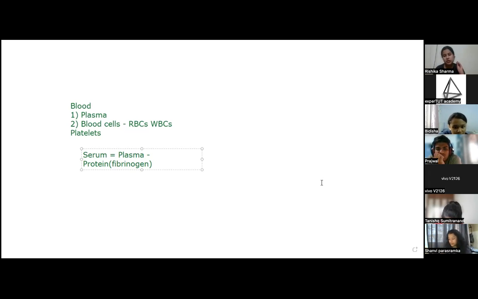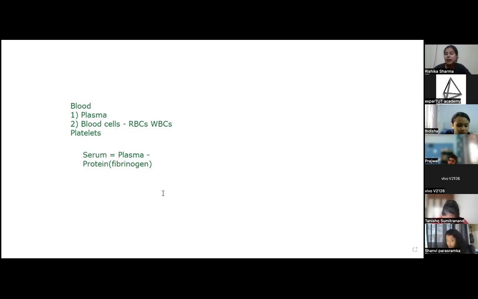So the serum will not have this protein. Just as we remove the blood cells from the blood, plasma remains. If we remove this protein from plasma, serum will remain. Okay.